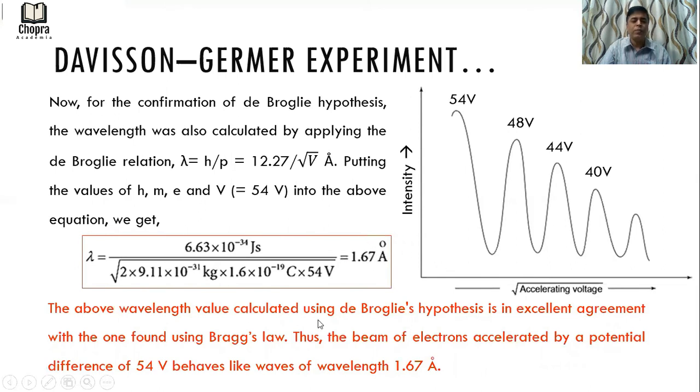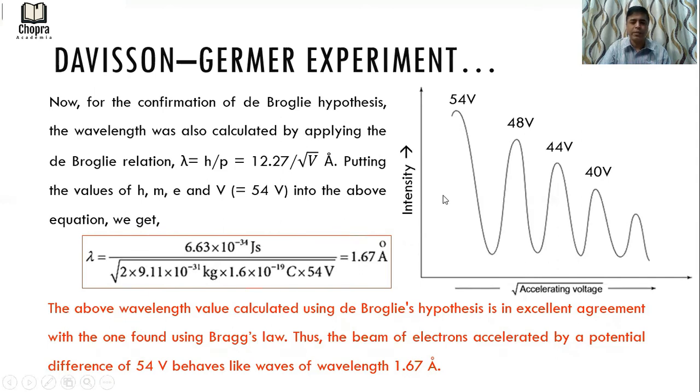The above wavelength value calculated using the de Broglie hypothesis is in excellent agreement with the one found using Bragg's law. Thus, the beam of electrons accelerated by a potential difference of 54 volts behaves like waves of wavelength 1.67 angstrom.